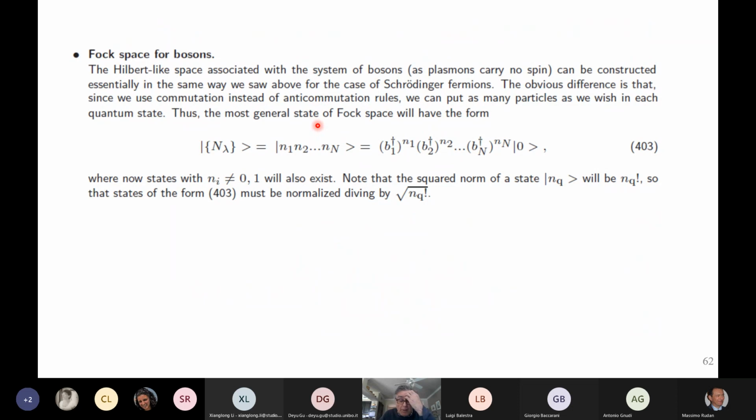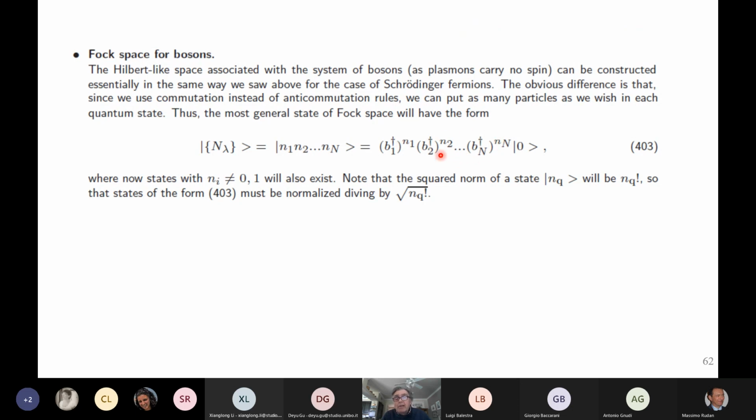It's slightly different than the Fock space for electrons, because I can generate as many excitations as I wish for each harmonic oscillator. So a given element in Fock space will be in principle given by a state like this, in which I take the harmonic oscillator Q1, which is a plasmon with a vector Q1. I apply N1 times the creation operator B dagger, which means that I create N1 plasmons with that particular wave vector Q1. I do the same thing at another Q vector Q2 and so on, as many as I wish.